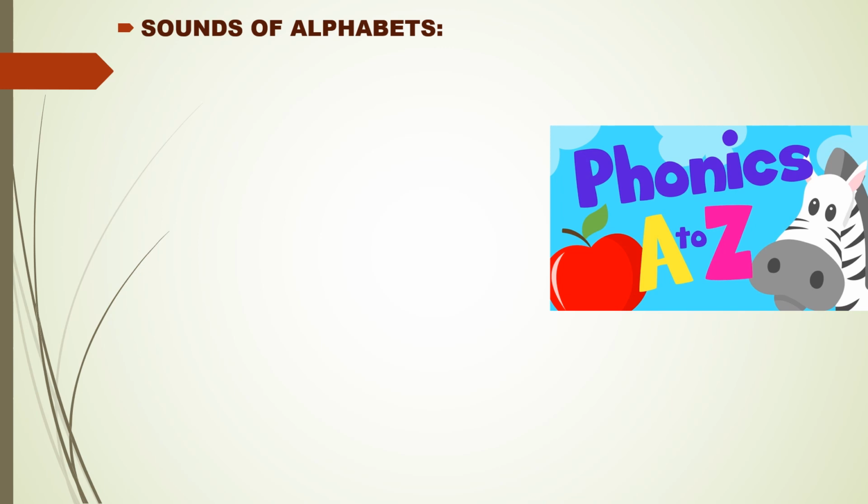But if you want a band 9 in IELTS listening, then you need to be clear, crisp, and much aware of the sounds of each individual letter from A to Z. You need to know how the sound comes when you speak A, how the sound comes when you speak D, how the sound is when you say PH words. Okay, so you need to be clear on each and every individual letter's sound because each one has a unique sound, each one is pronounced differently.